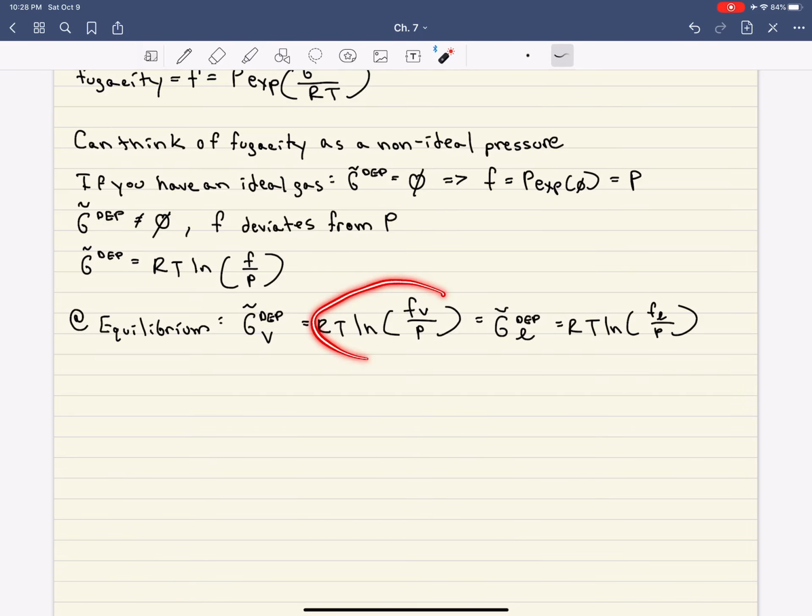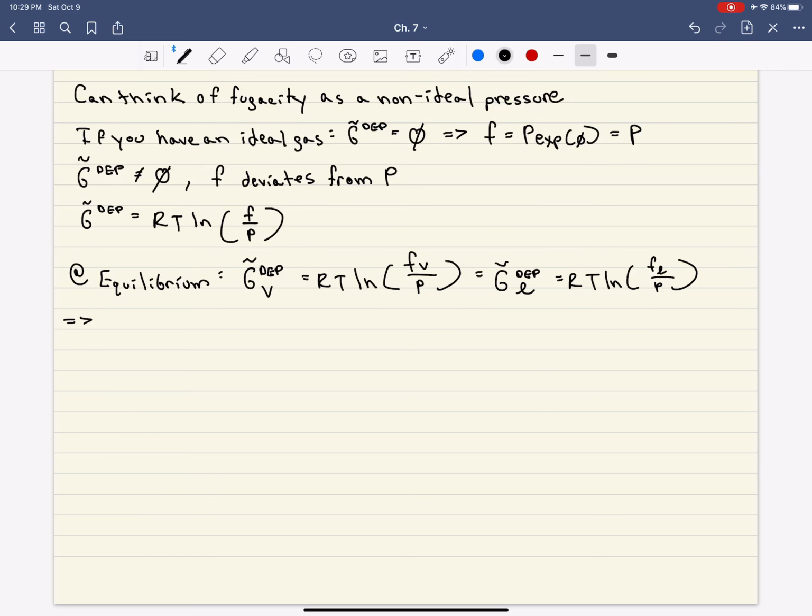So we have this is equal to this. The RTs cancel. We could take the exponential of both sides, and then the pressures cancel. And so what we find is that at equilibrium, F of the vapor is equal to the fugacity of the liquid. That itself is another criterion for equilibrium: the fugacity of the two phases are equal to one another.